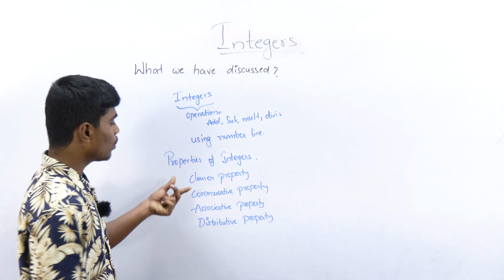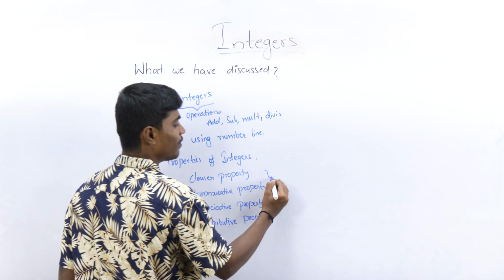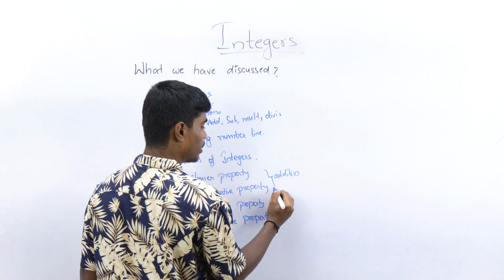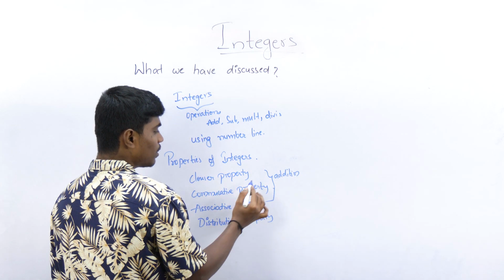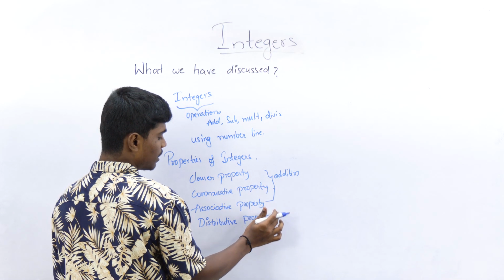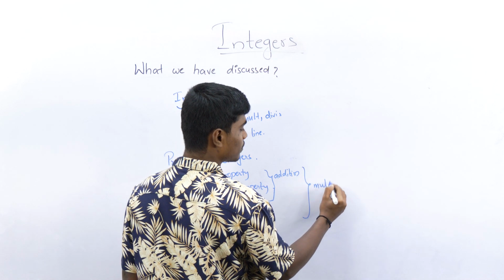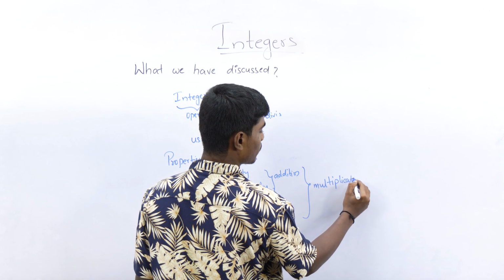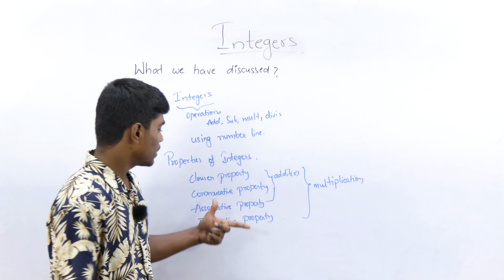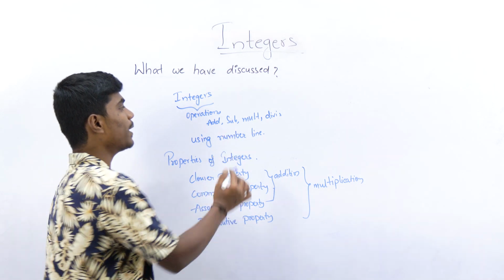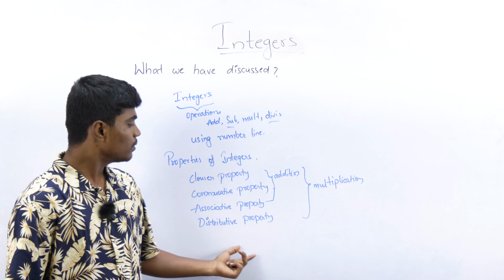See, here closure property, commutative property we have discussed for addition, associative property also, and for multiplication we have discussed closure property, commutative property, associative property, and distributive property. And same these properties we have known for subtraction and division also.